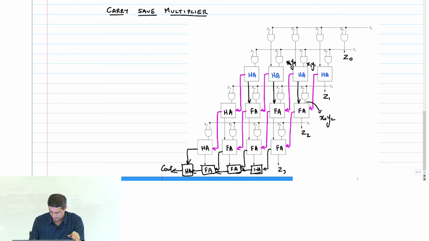Unfortunately, I have drawn it badly. So, yes, sorry, Z4, Z5, Z6, Z7. Right? Any questions?